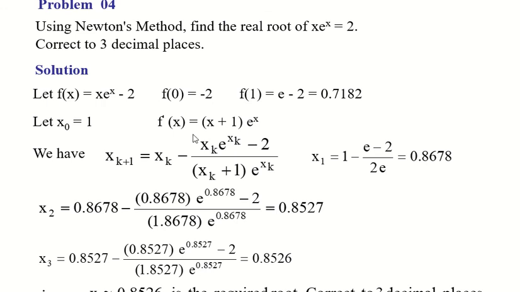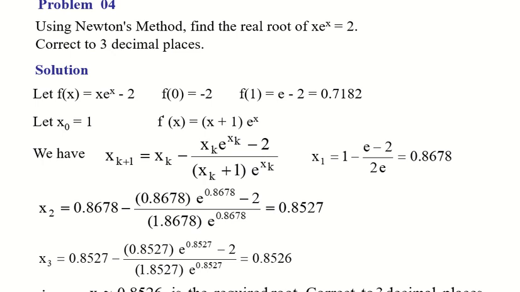You have f of x with you. Calculate f dash of x. f dash of x is x into e power x plus e power x: x into differentiation of e power x, that is e power x, plus e power x into differentiation of x, that is 1, and the differentiation of the constant term becomes 0.